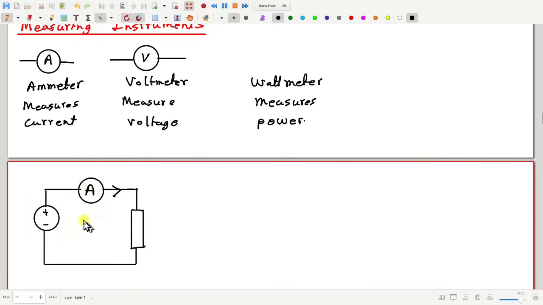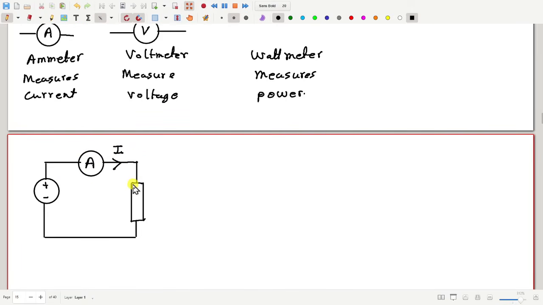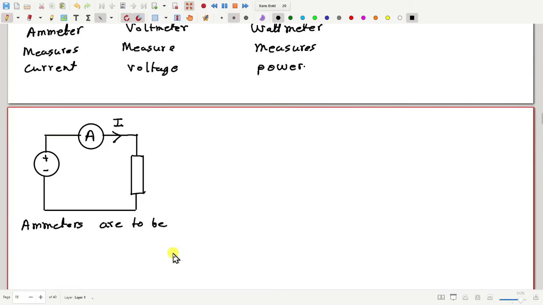So ammeters are to be connected in series with the line where we want to measure current.